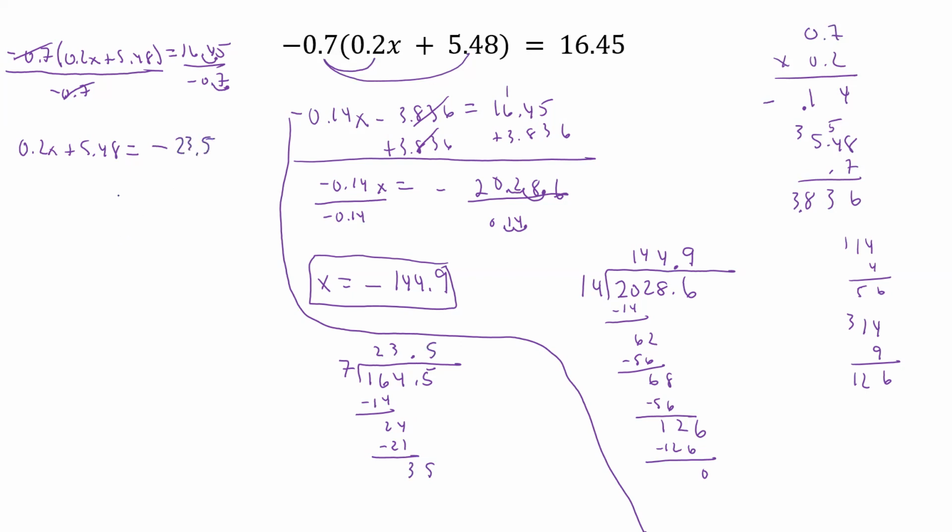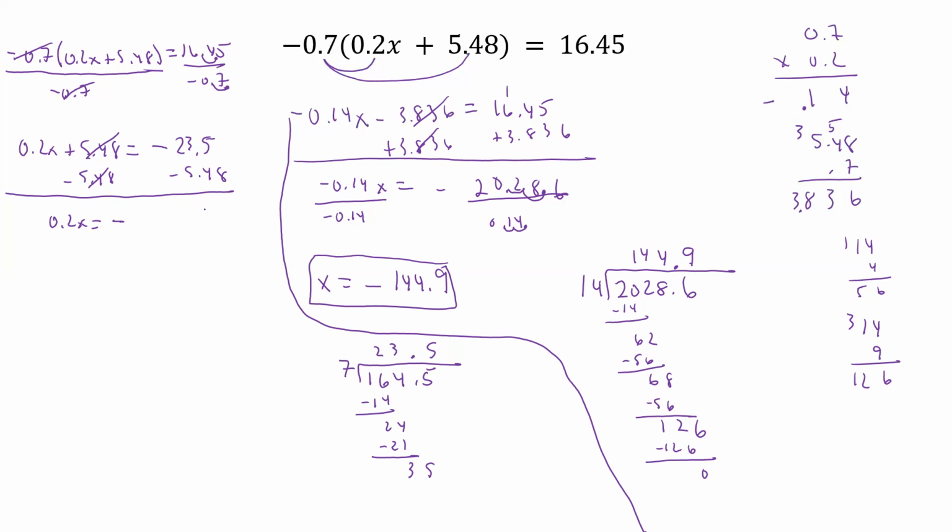Now I need to isolate the x, so I subtract 5.48, subtract 5.48. And so now those cancel, and I get 0.2x equals. When I do that, I'm basically adding here. It's going to be a negative plus a negative, so it's going to be a negative.